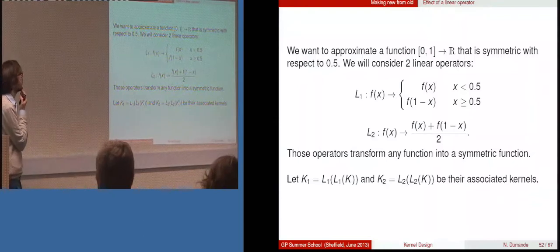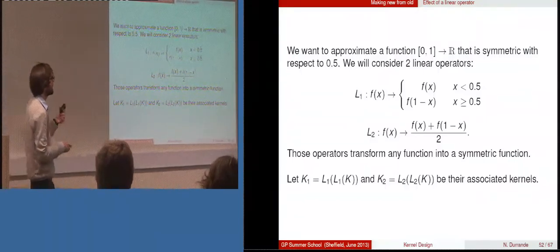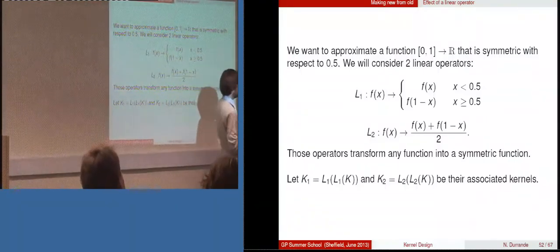For example, if we want to approximate a function that is symmetric with respect to 0.5, and the function is defined over 0, 1, we can look at two different linear operators. The first one just takes f of x if x is greater than 0.5, and 1 minus x otherwise.